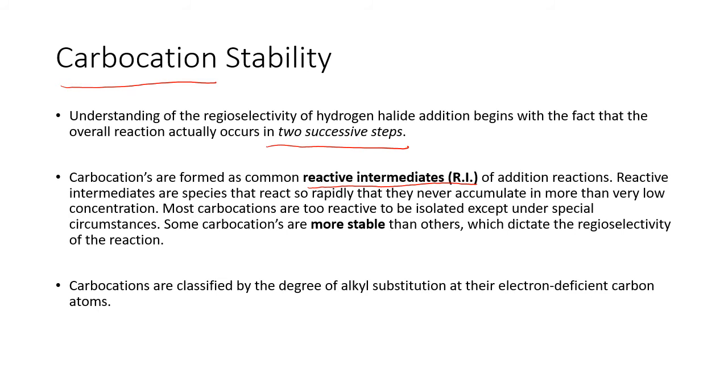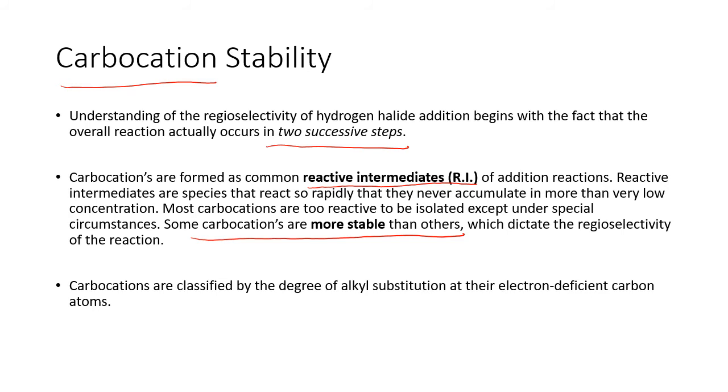And that's no different here. So they are species that are fleeting. They're formed and then they're used up basically as soon as they're formed. So it's rapid how fast they're used up. They don't accumulate. You can't isolate a reactive intermediate. So carbocation is a common reactive intermediate, and some carbocations will be more stable than others. And so that will determine the reaction's regioselectivity.